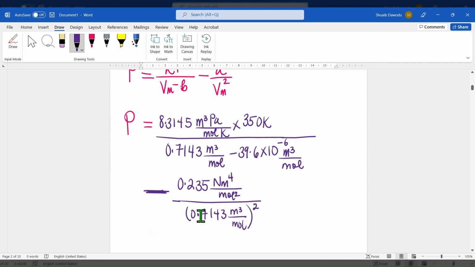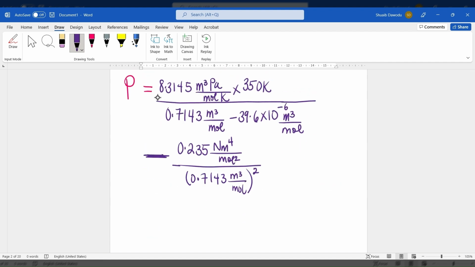Of course, we can start working towards canceling stuff out. On this side, we can cancel out Kelvin here and Kelvin here. That's all that we can cancel out for now. So let's go to the next line. P is equal to 8.3145 meter cube, and then you've got Newton per meter squared.